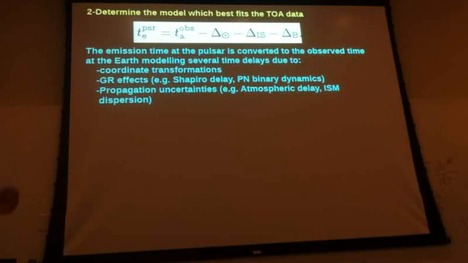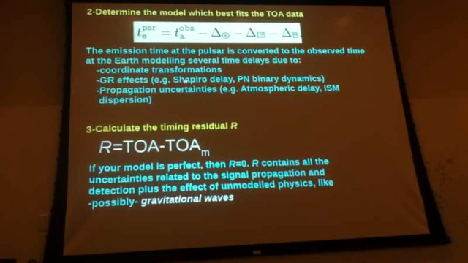Okay, you assume you have a perfect clock, that's your pulsar. You observe a certain time of arrival. In between, there are all sorts of effects related to propagation, related to the fact that your pulsar was in a binary, related to the ISM, etc. And you fit your model to your times of arrival, okay? And the difference between the two things is the timing residual.